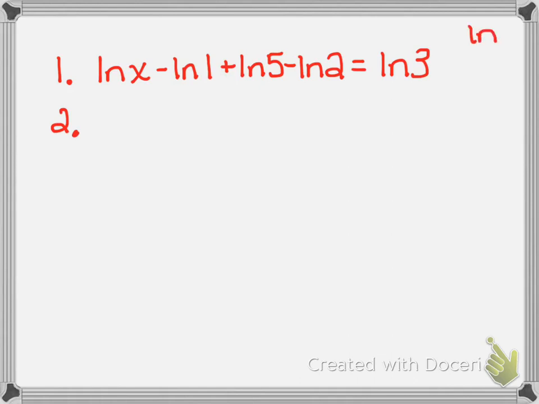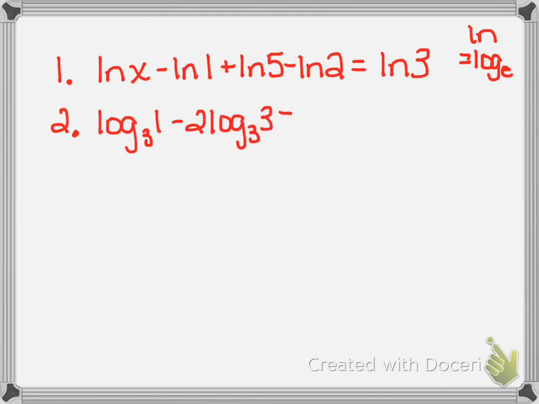So when we say ln, what we really mean is log base e. Okay? And then the second problem we want you to try is log base 3 of 1 minus 2 log base 3 of 3 is equal to 2/3 log base 3 of x.